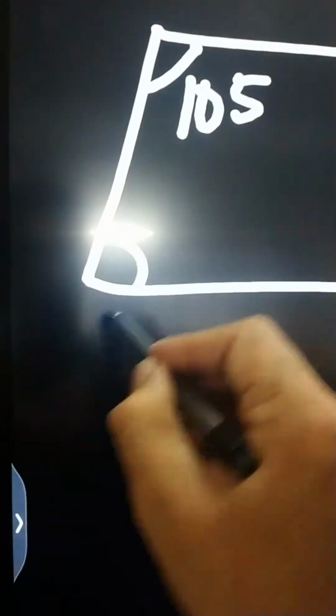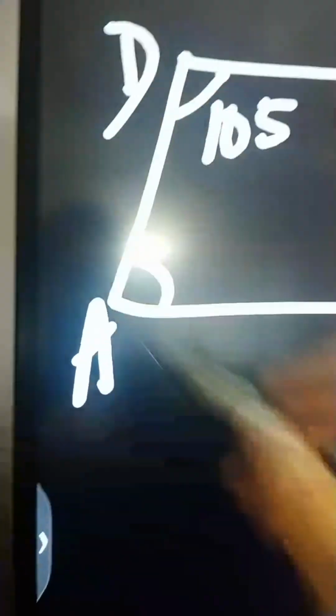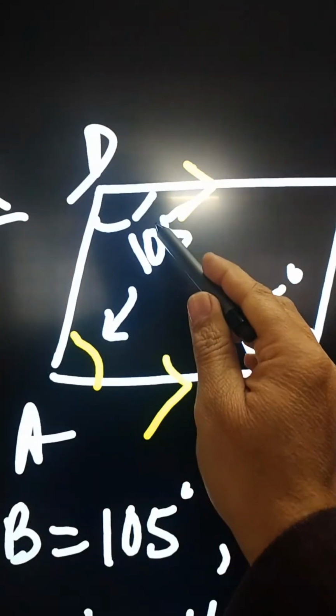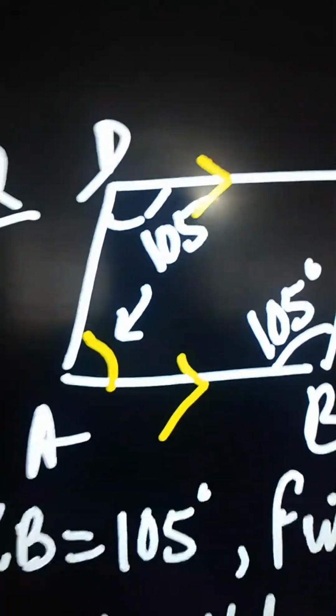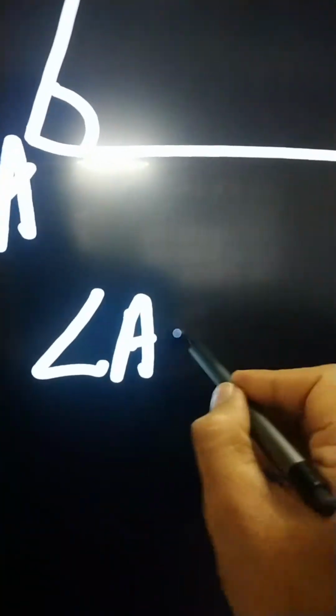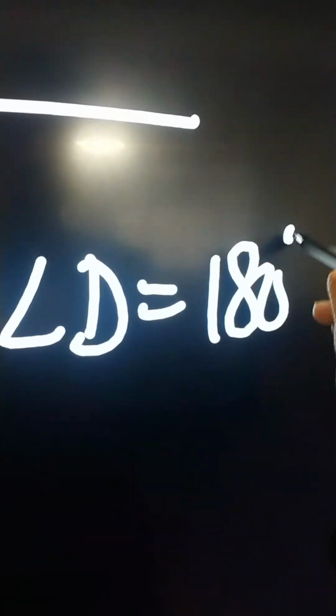See the figure. This is given 105. This angle A I have to find. I will write angle A plus angle D will make 180 degrees.